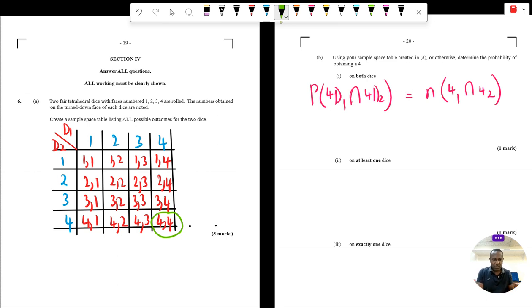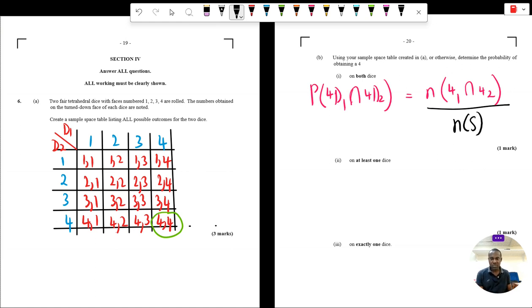And so the probability of obtaining a 4 on both dice is equal to the number of outcomes of obtaining a 4 on the 2 dice divided by the total number of outcomes in the sample space. And if you count the number of outcomes in the sample space, essentially we have 4 across by 4 down, so that gives us 16.